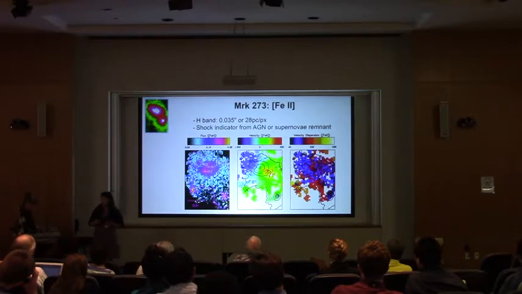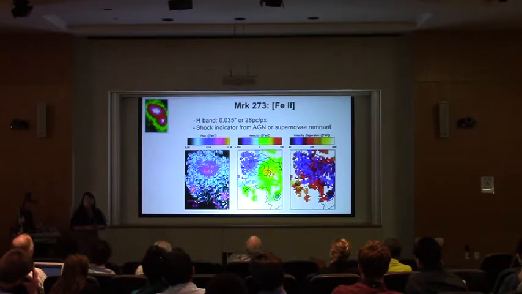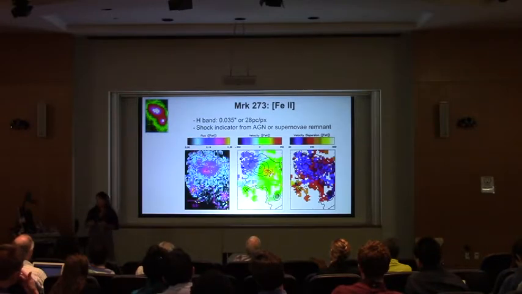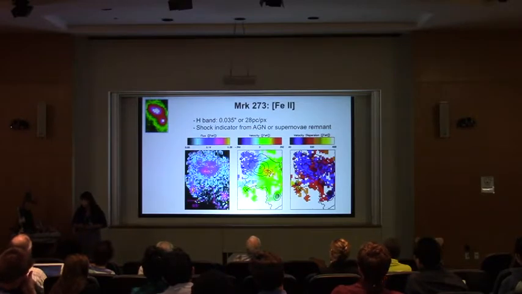The signature was actually a little bit of a surprise to us initially, because we looked at these systems, which are train wrecks on the macro scales, but we actually do see orderly rotating disks in the center in this and also in most of our other systems. And so we were able to characterize the nuclear disks in all of these merger systems.